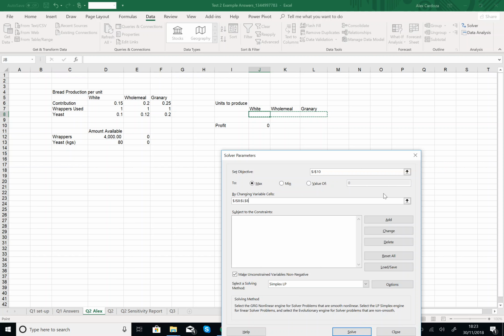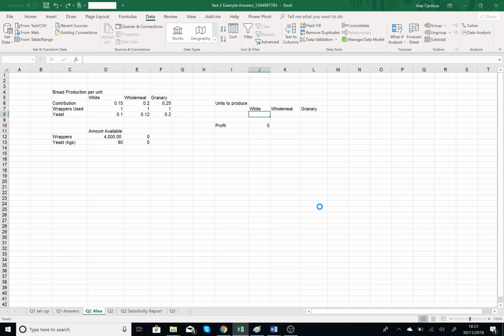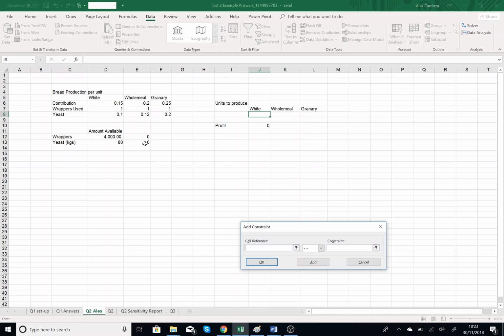Okay. Now we need to add in our constraints. Yeah. Remember, so this cell, yeah, has to be less than or equal to that cell. Add, because remember we can't use more wrappers than we have.